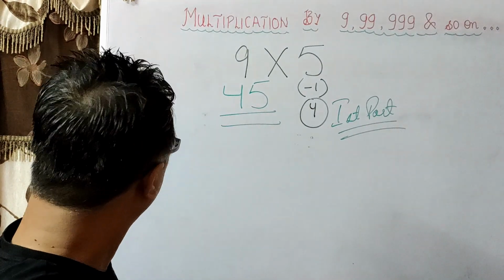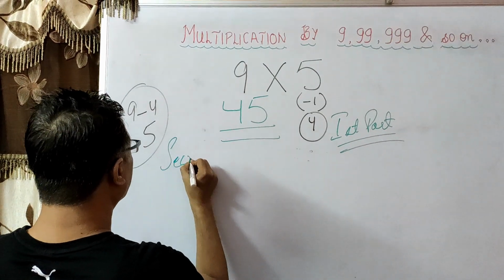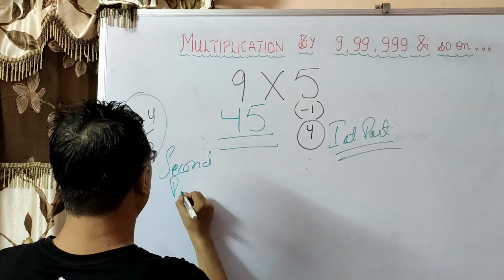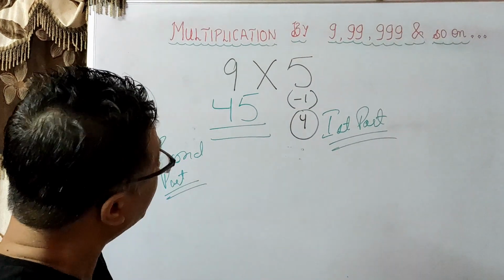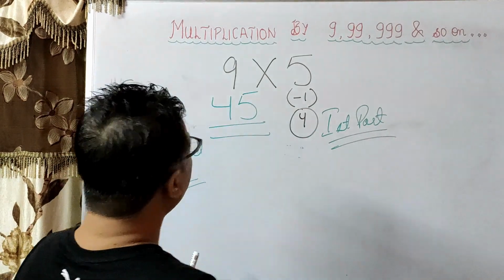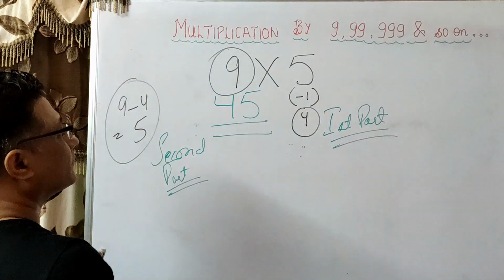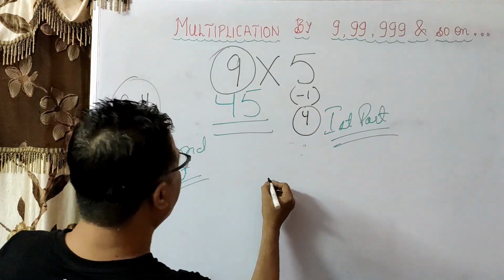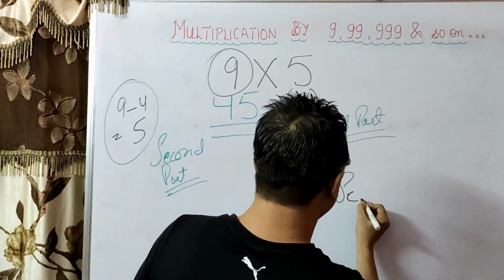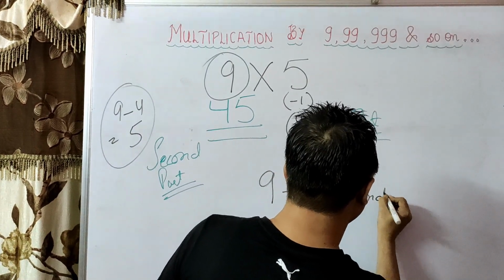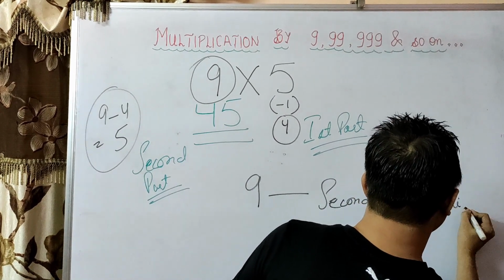So what is the significance of this second part? The second part is actually equal to the number of digits which we are multiplying with. If we are multiplying with 9, then the second part will have only one digit.